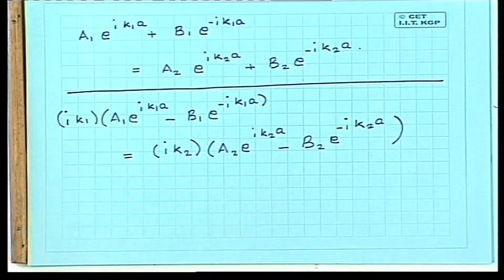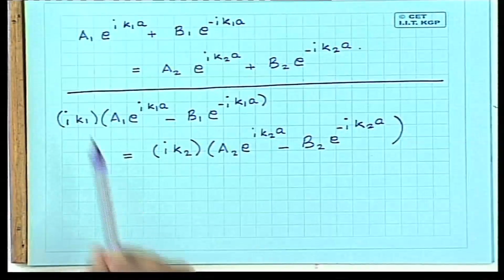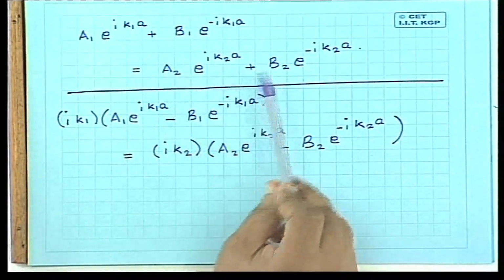So the boundary conditions give us these relations between the coefficients A1, B1 and A2, B2.